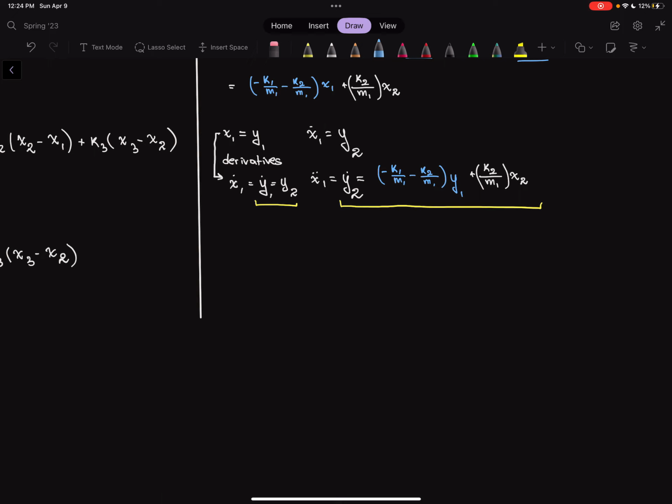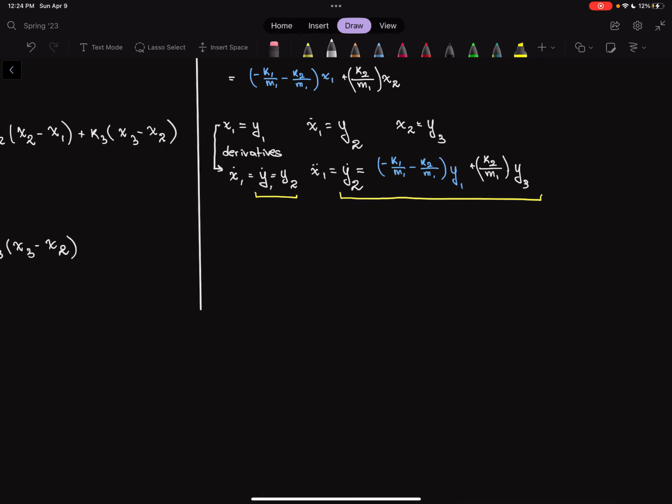And x sub 2 must be equal to some other y. x sub 2 must be equal to y3. So we'll put that this is y3, but we'll have to remember that for later. Okay? So now we have this first part of the system, y1 prime is equal to y2, and y2 prime is equal to this.